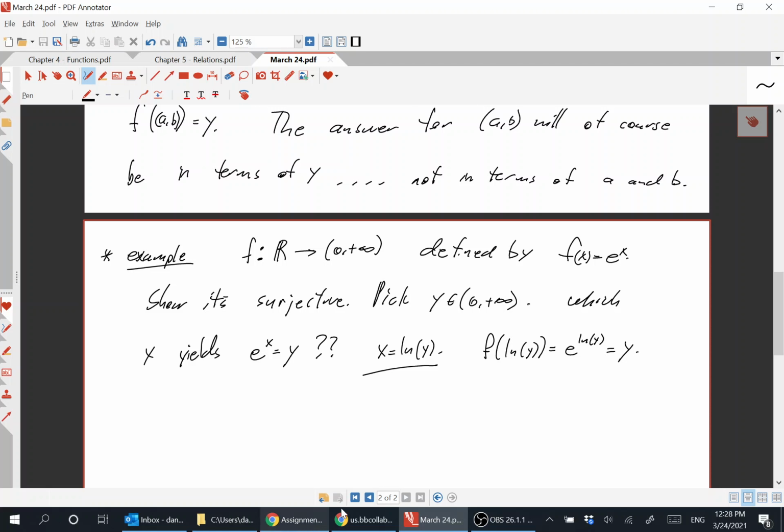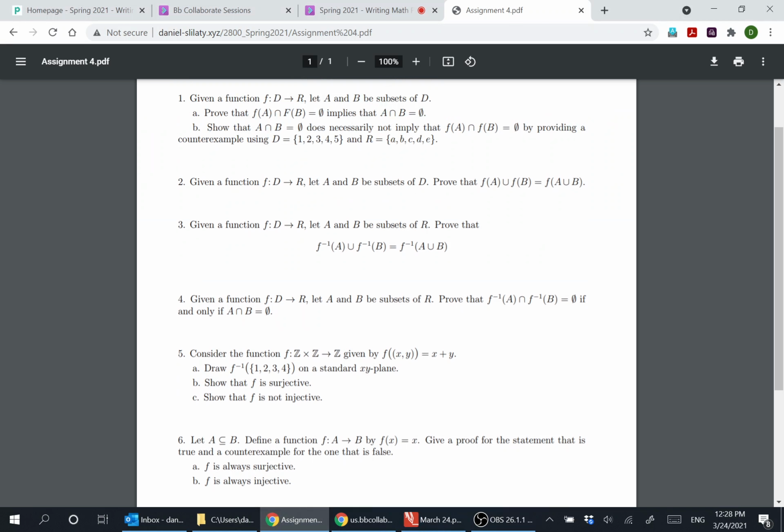Anything else? So for 5A, the pre-image of the set 1, 2, 3, 4, we just find essentially ordered pairs that would add to those elements, right? Yeah, and they're going to have a familiar geometric form. They should look like something that you're familiar with.